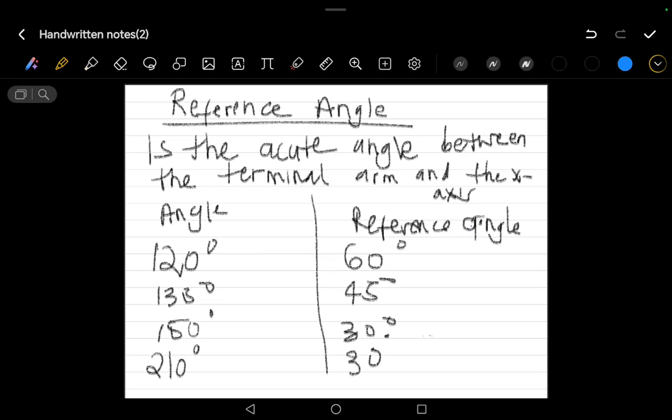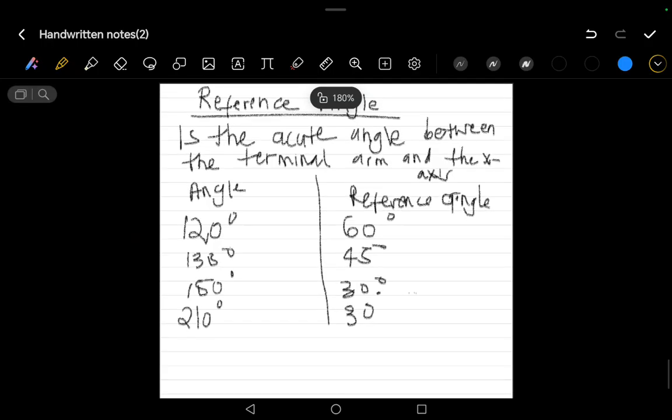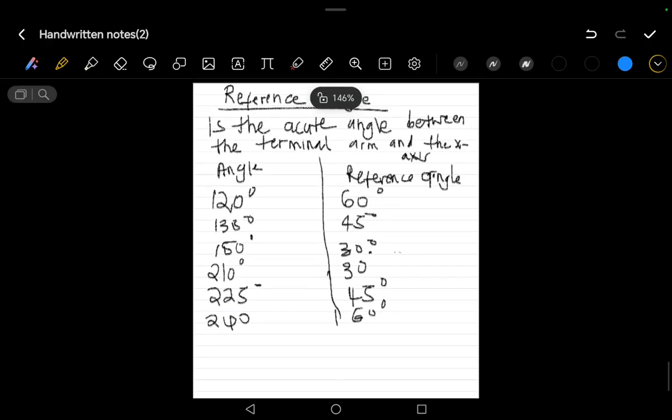Yeah, so this is what you call reference angle. So 210 we're going to refer to at 30 degrees, and 225 we're going to refer to at 45 degrees, and 240 is going to be 60 degrees.